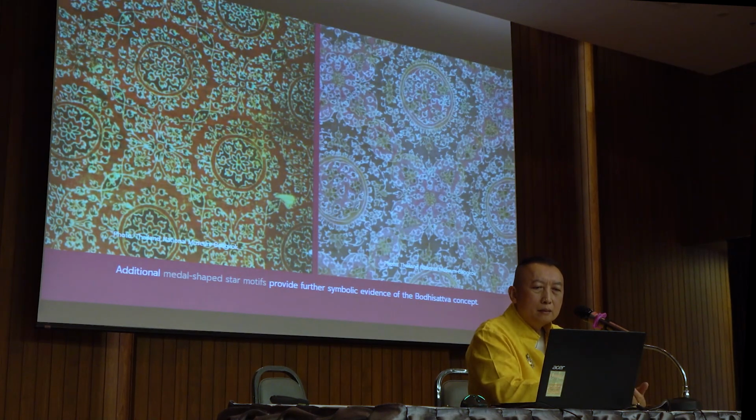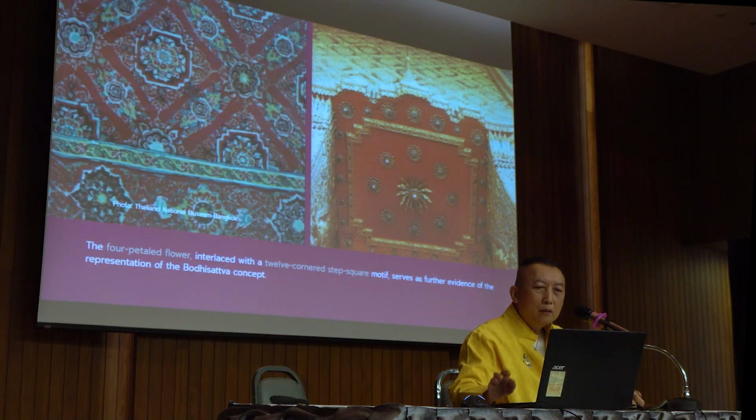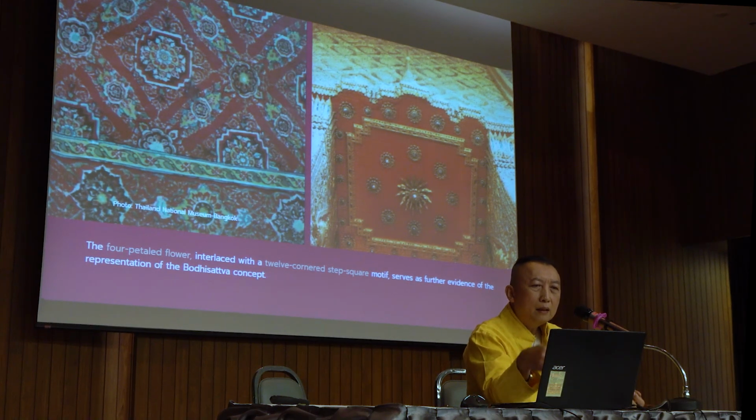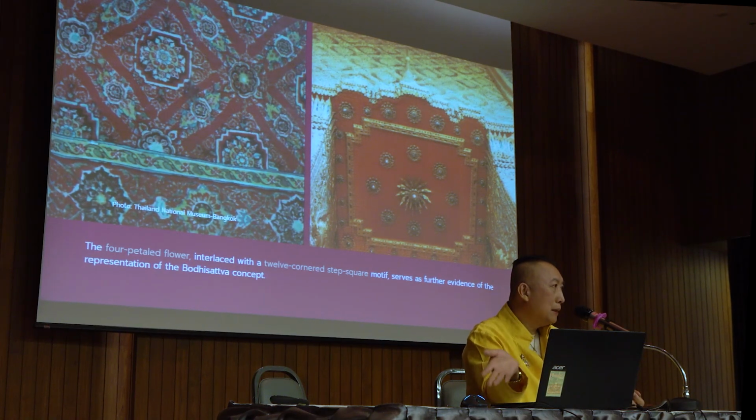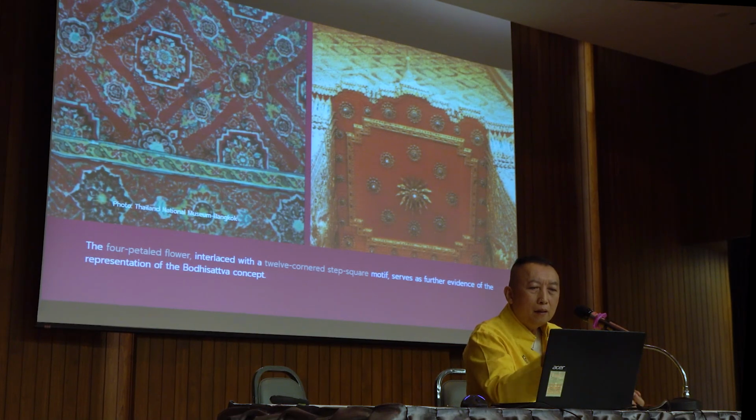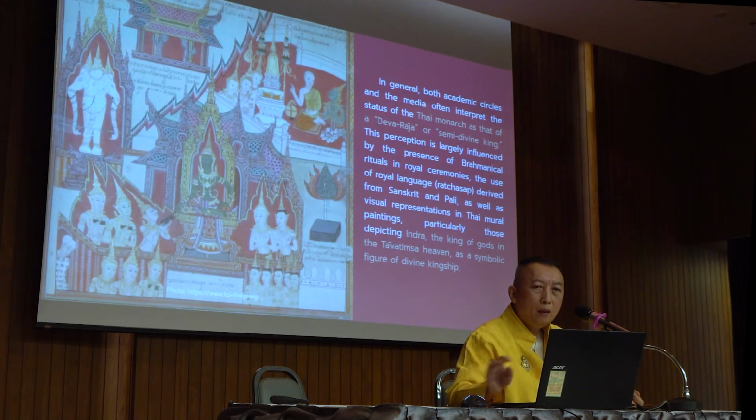These are some other metal-shaped star motifs. They also provide further evidence of the Bodhisattva concept. And not only that, they also intersect with other patterns like the 12-cornered step square, about which I have another paper to present. So it also serves as further evidence of the presentation of the Bodhisattva concept.